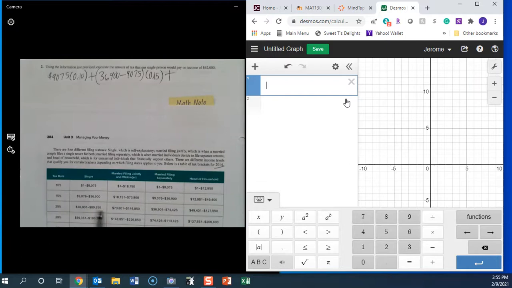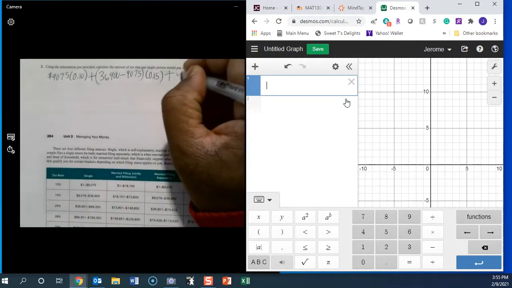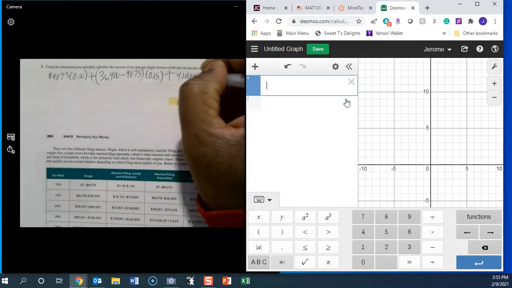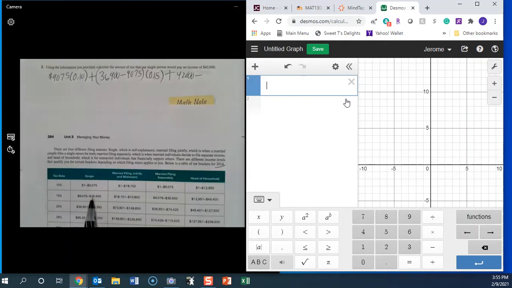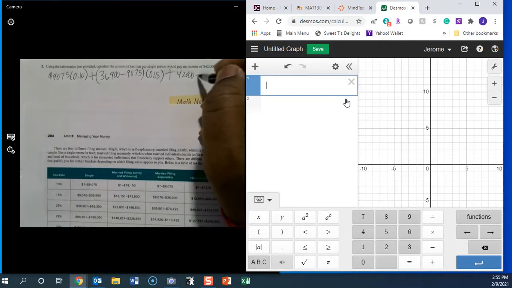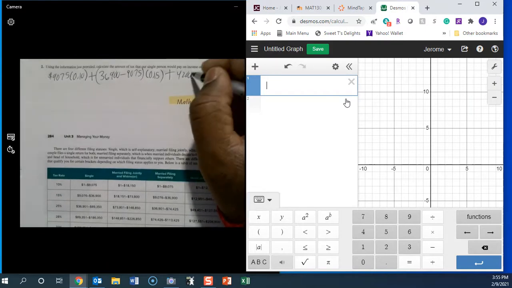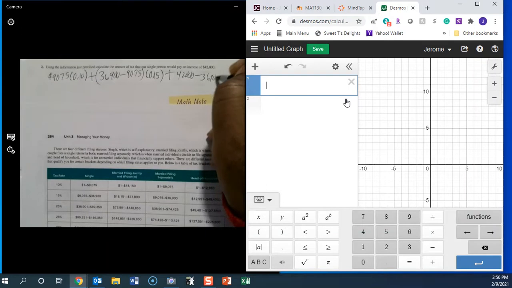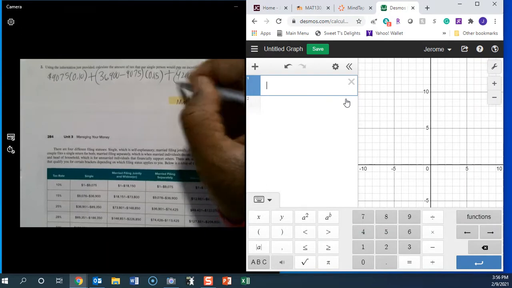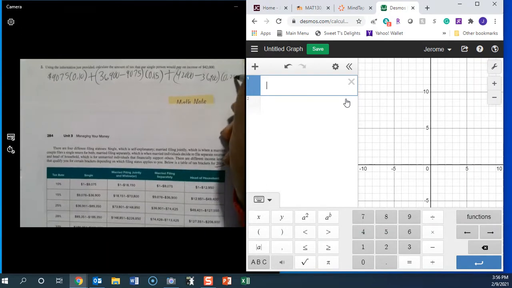Okay, now, last but not least, we have our category, which is the 25%. And we notice that the 42,000 does fit in between here. So what you would do with that 42,000, you would take your 42,000 and subtract the larger amount from the previous tax table rate. So it'd be 42,000 minus 36,900, and that would be multiplied by 0.25.